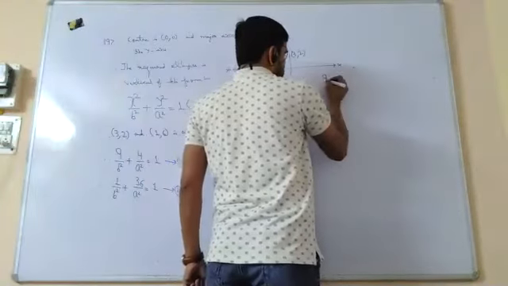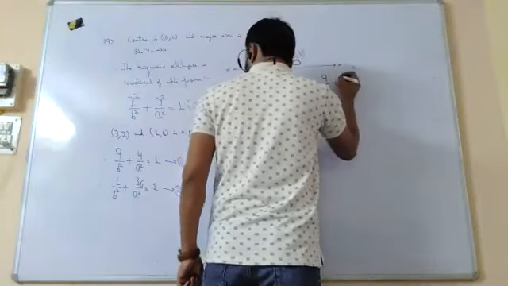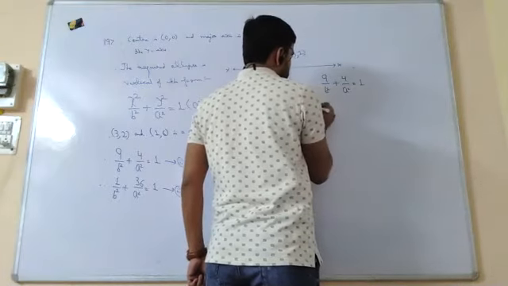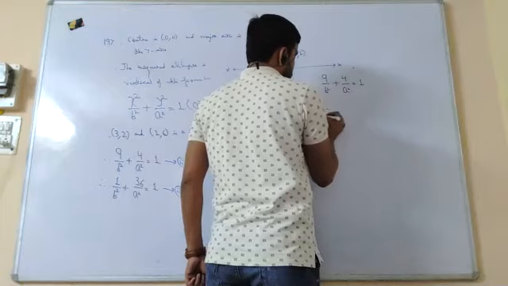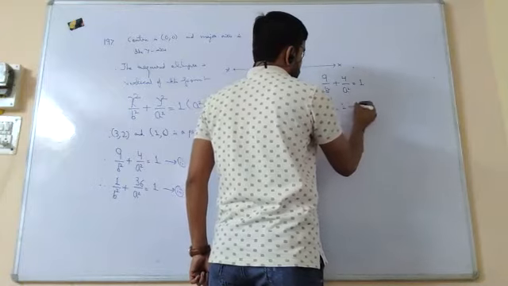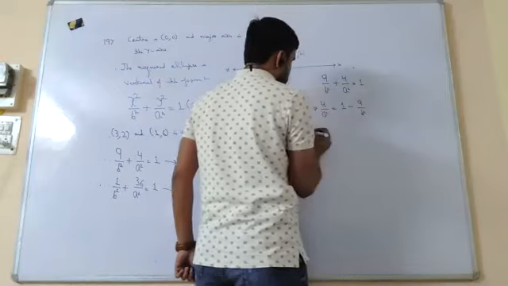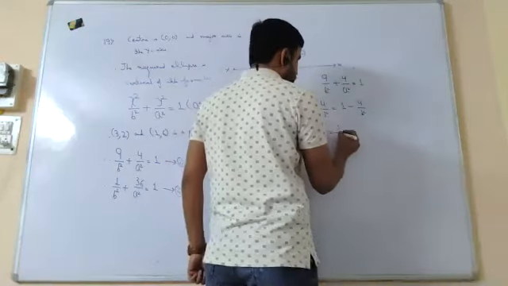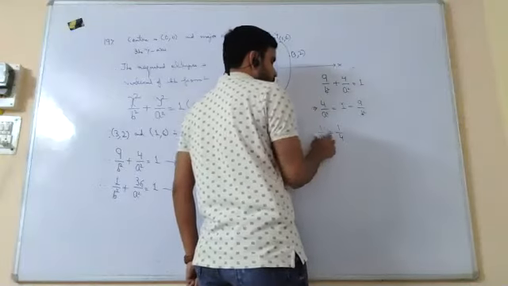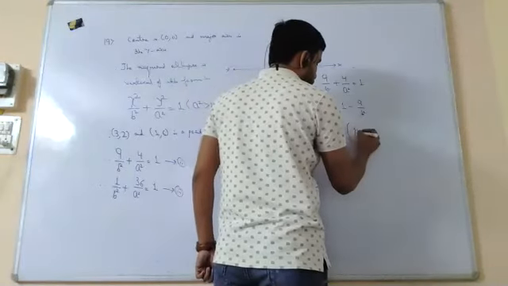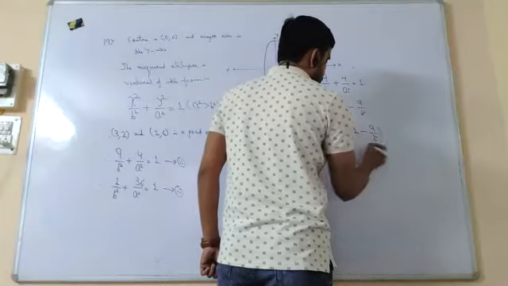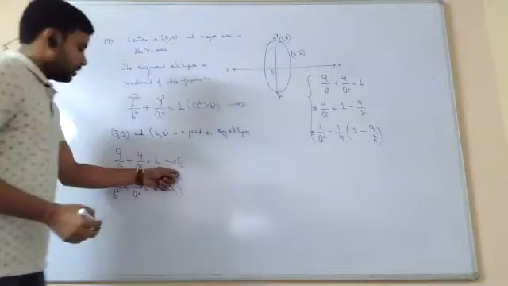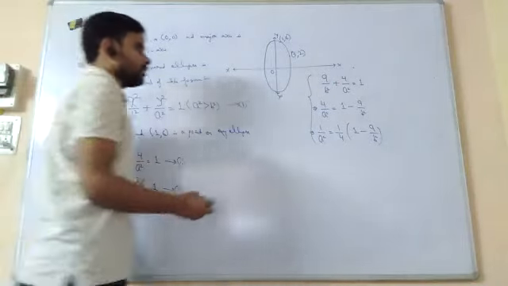If I calculate the value of 1 by a square, so 1 by a square will be equal to 1 by 4. ठीक है, तो ये 1 by a square का हम लोगों ने वैल्यू निकाल दिया इक्वेशन नंबर 2 से. अब इक्वेशन नंबर 3 से भी 1 by a square का वैल्यू निकालना.